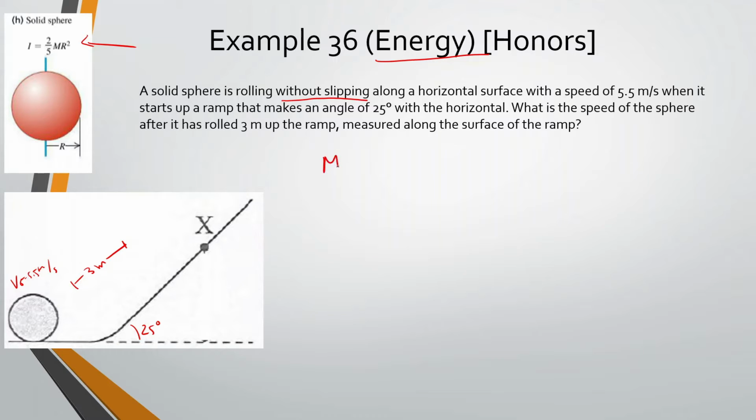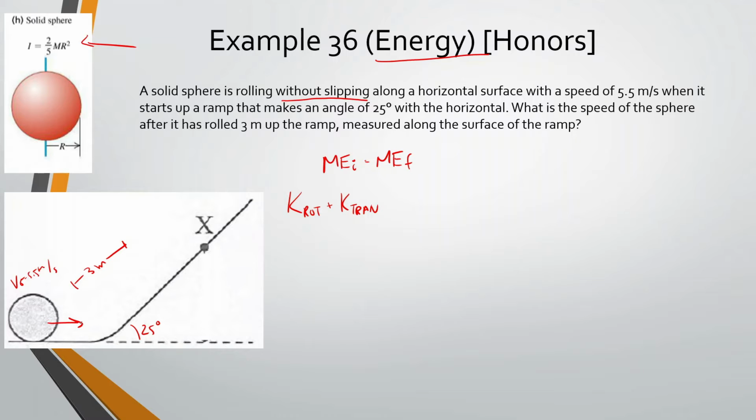Again, we want to do mechanical energy initial is equal to mechanical energy final. At the beginning, we have two things. We have rotational kinetic energy because it's rotating, and we also have translational kinetic energy because it's also moving linearly.